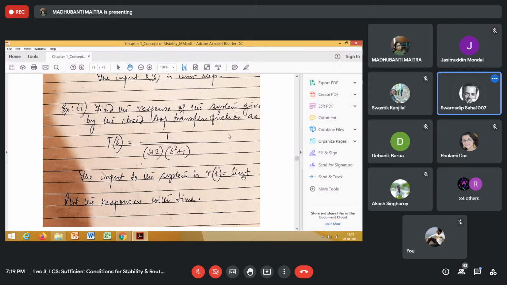Yes, ma'am. So in that case, C(s) will be 1 by (s plus 2) into (s square plus 1) whole square. So c(t), if you take the Laplace inverse, you'll find that c(t) is unbounded, right? So this is basically the phenomenon of instability due to resonance. Is it absolutely clear to you all?